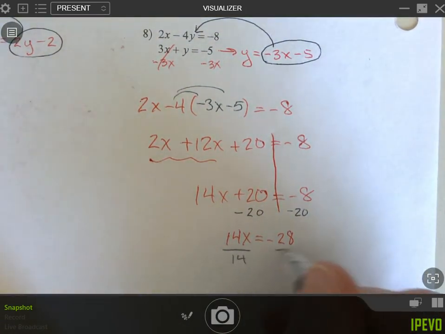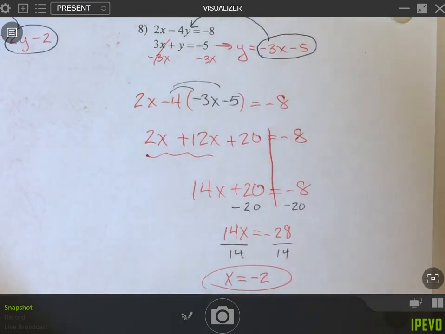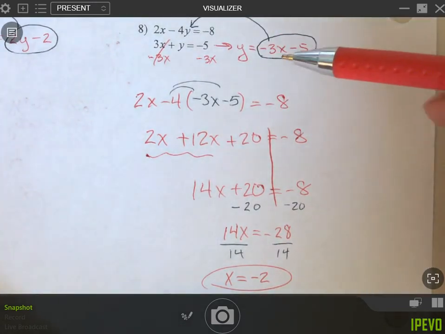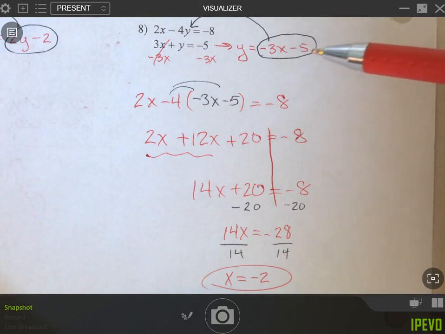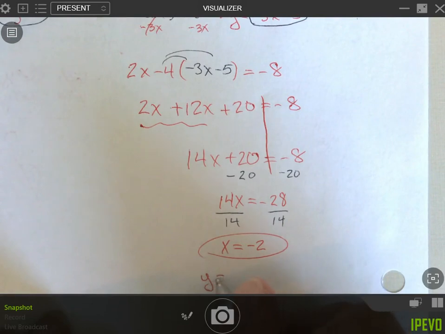Yep. So x equals negative 2. Now that's x. What else do I need? Y. So I could go back to one of the original equations, but don't we have an equation that says right here y equals? So I'm going to use that. Y equals negative 3 times x minus 5.